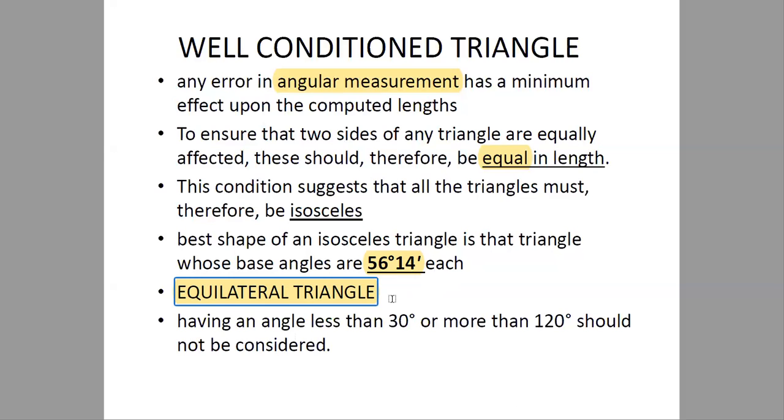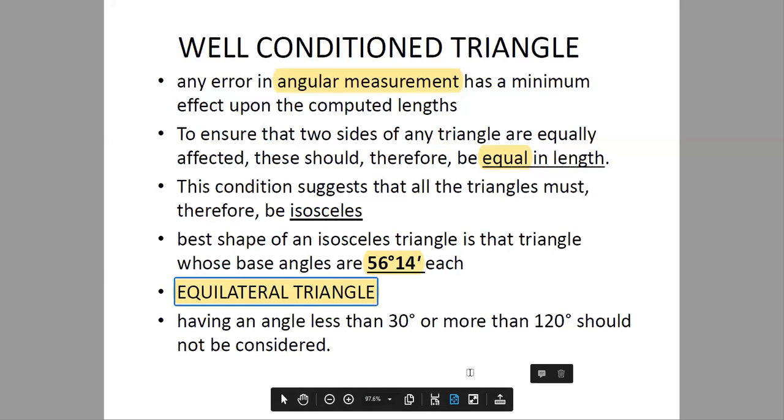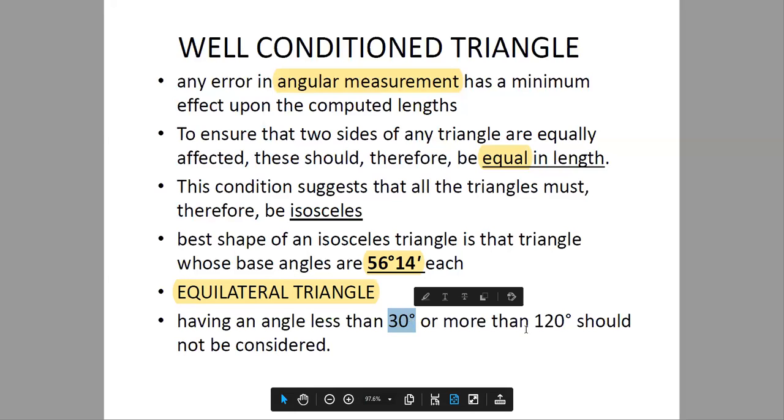But for a triangle having an angle measurement less than 30 degree, that should not be said to be a well conditioned triangle. A well conditioned triangle must not have angles less than 30 degree or more than 120 degree.